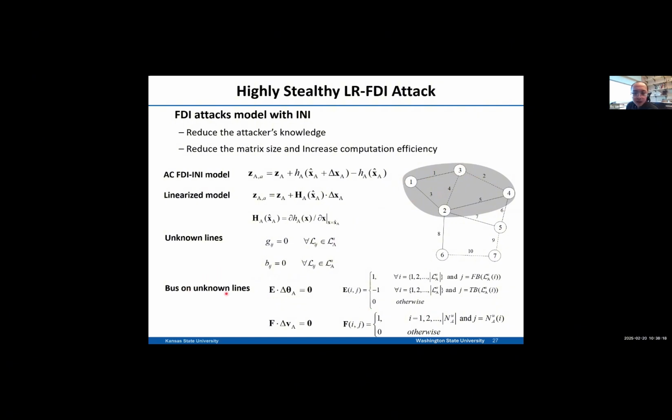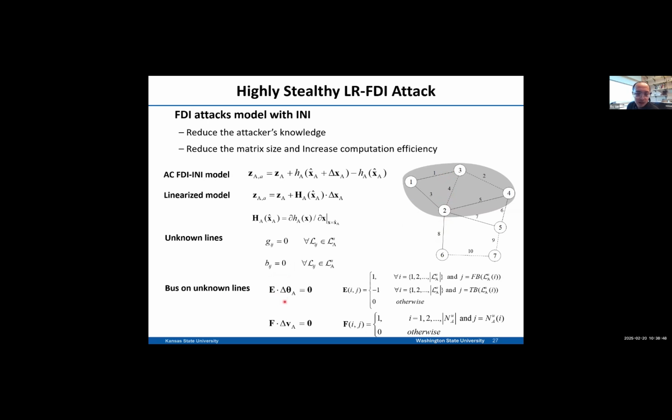For the buses on the unknown lines, for example, bus 2 and bus 3 on unknown line 4, we have some extra requirements. We want to inject an equal voltage angle increment to these buses, and we also want to keep the voltage magnitude of these buses unchanged. In this case, the active and reactive power flow on this unknown line will remain constant.